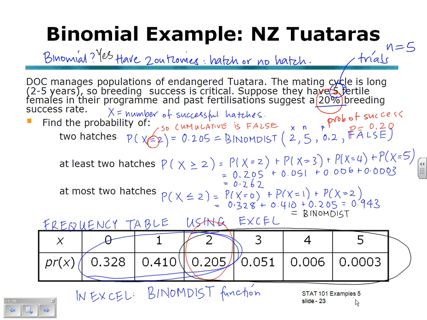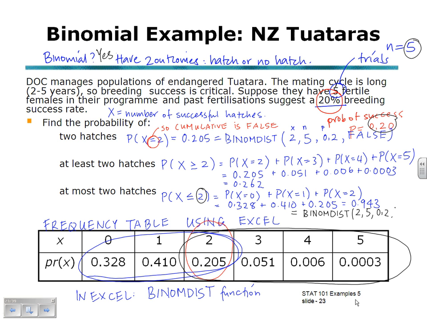Using the function in Excel, if we want to check this, BINOMDIST function, remember. So we're looking for the value of x. x would be 2 in this case. Fixed number of trials, n is 5. Fixed probability of success, still 0.2 for our successful hatch.